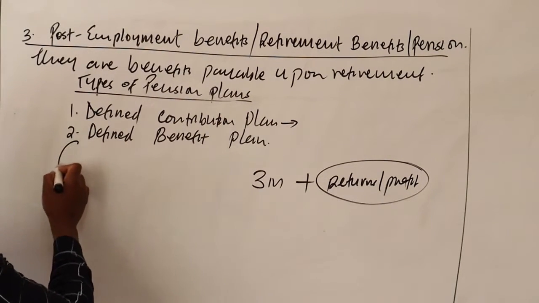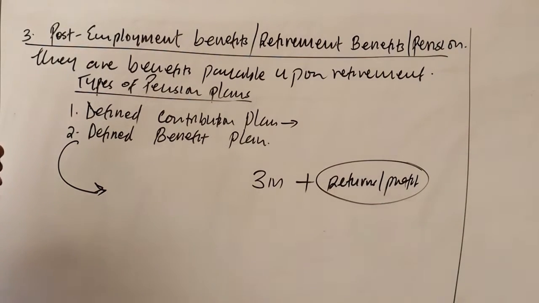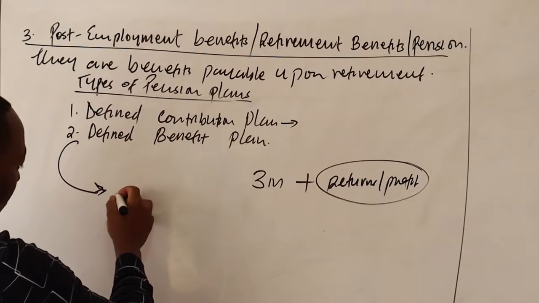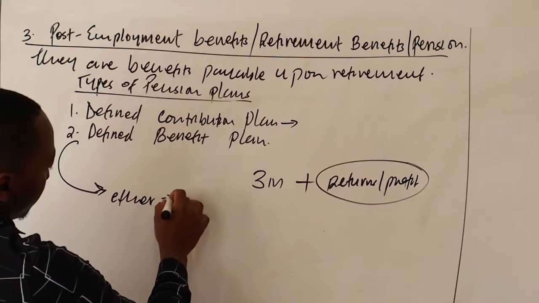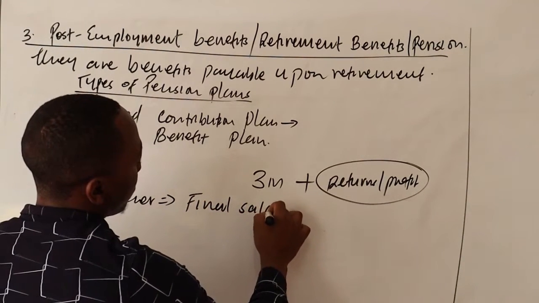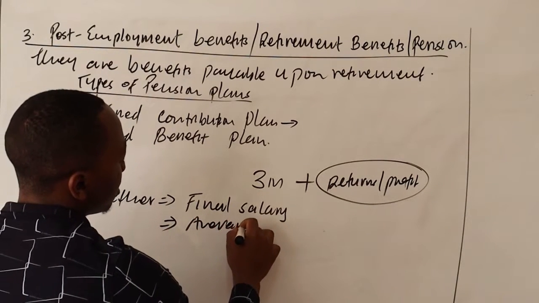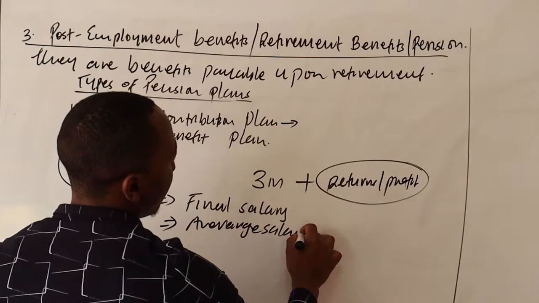Then we have the defined benefit plan. Under the defined benefit plan, the amount payable upon retirement will be based on either the final salary or the average salary during the career life.